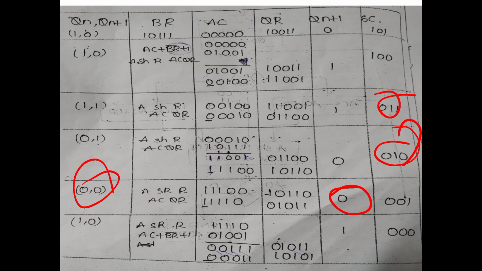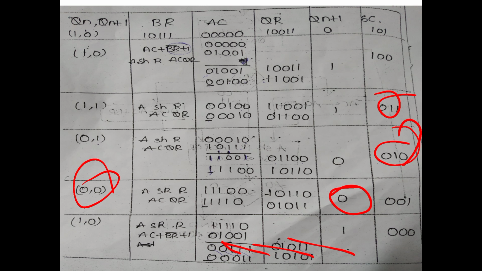To perform the arithmetic shift right operation, this 0 is shifted to here, and the vacant most significant bit position is filled. What is the most significant bit? It is 0. That 0 is filled in the vacant position, right?